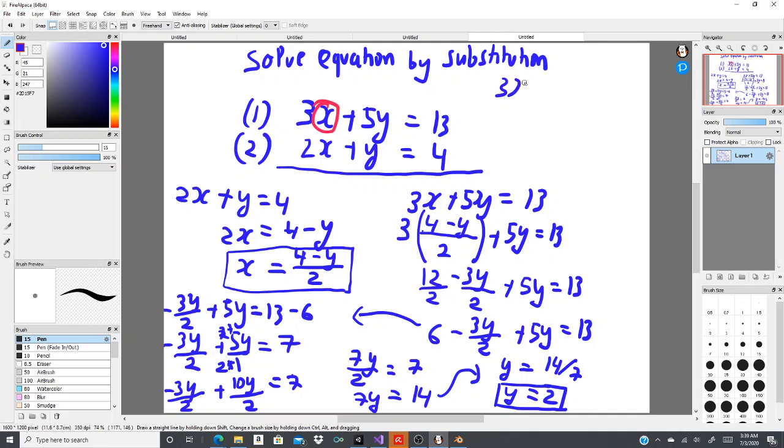So we have 3x plus 5 times 2 equals 13, and then we subtract both sides by 10, because this constant is equal to 10, so that'll be 3x equals 3, and then we divide both sides by 3.